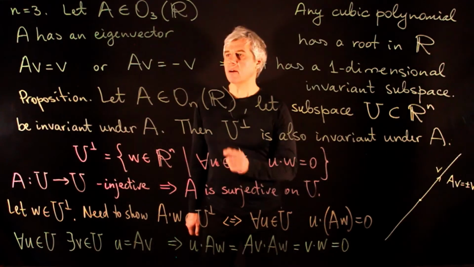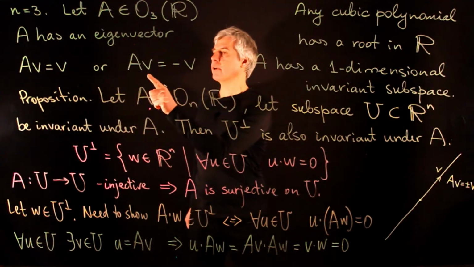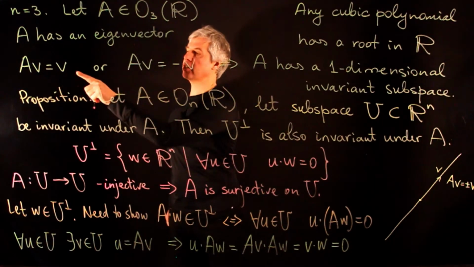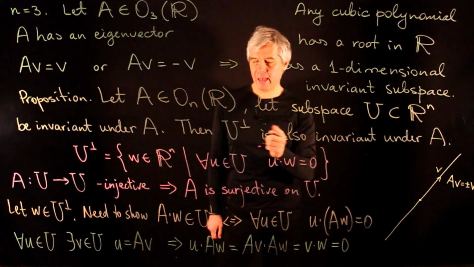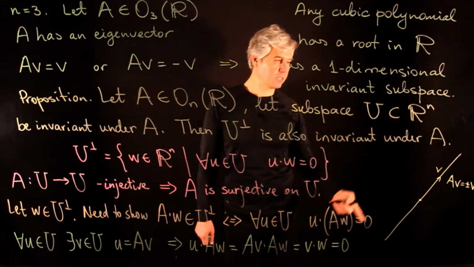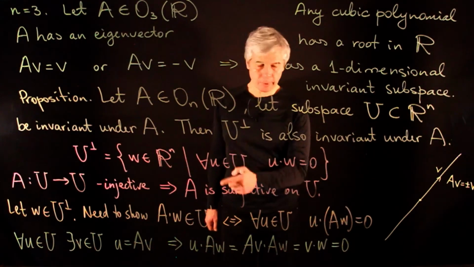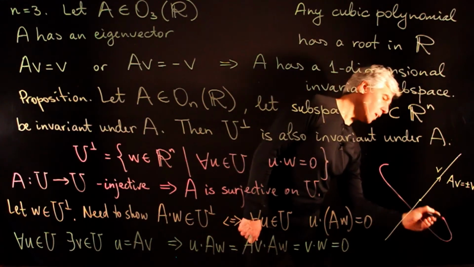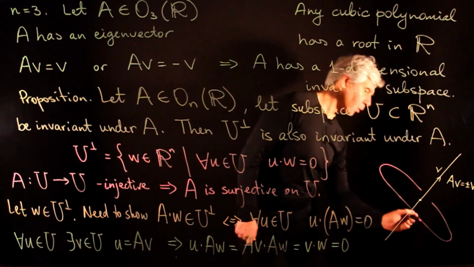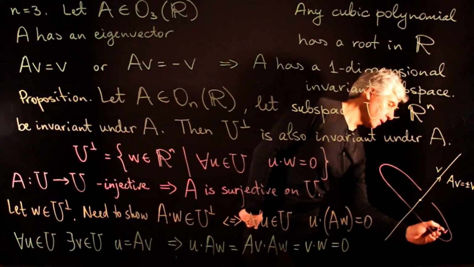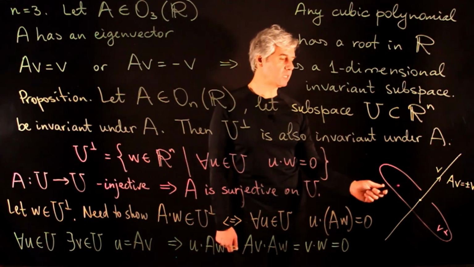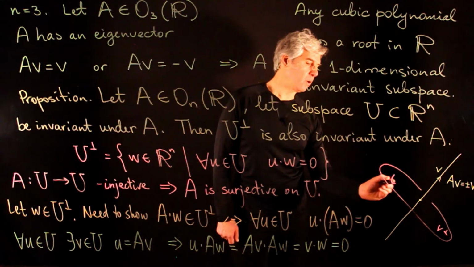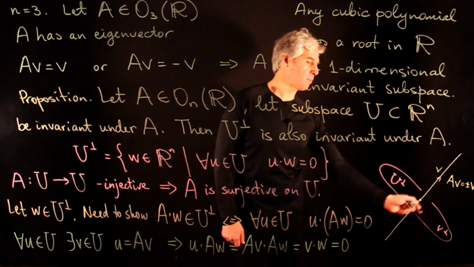Now let us return to the situation of a three-dimensional orthogonal transformation. We saw that such a transformation has an eigenvector, and this eigenvector will give us an invariant line, and by the proposition, the two-dimensional plane which is perpendicular to this line will also be invariant under this transformation. So this transformation A will act on this two-dimensional subspace.